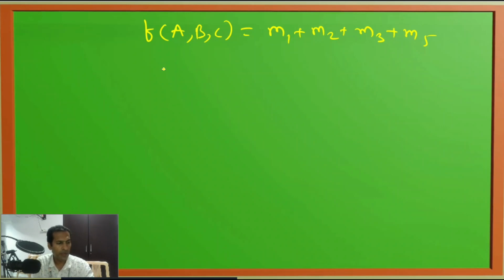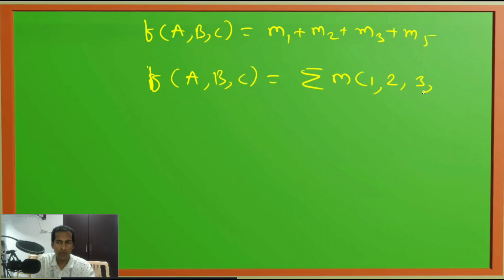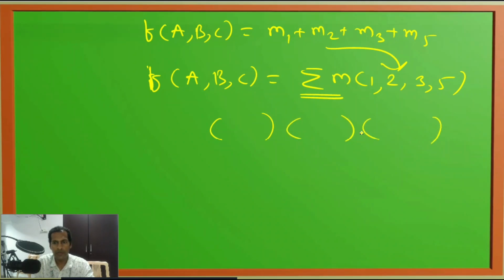Now another way of representing the function A, B, C is in the form of summation of min terms 1, 2, 3, 5. Here this summation is representing the sum of all min terms whose decimal codes are given in the parenthesis. So whatever our expression is, we can represent it in the form of min terms. Now this is about standard SOP.